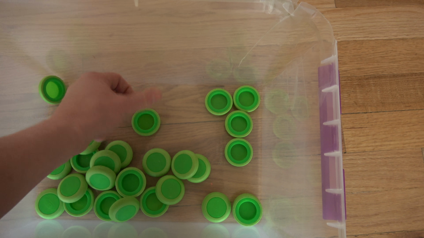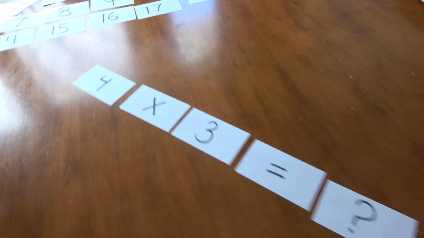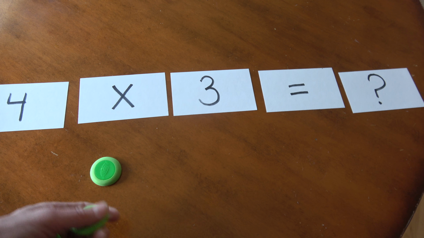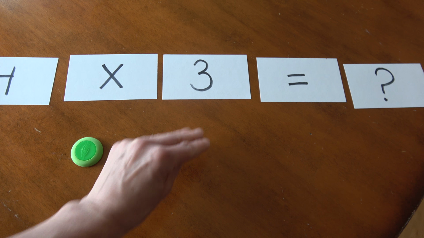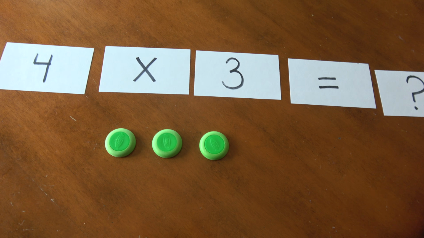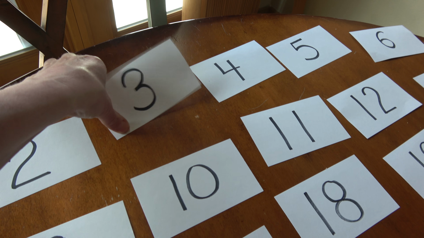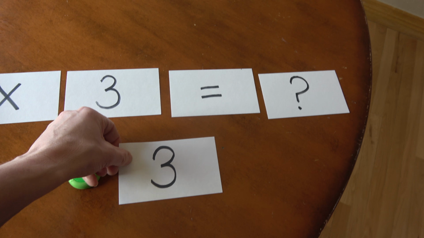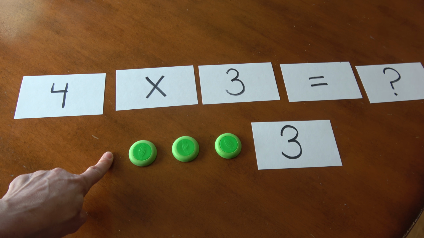I'm going to pick up 3 objects. 1, 2, 3. And I'm going to lay them down. 1, 2, 3. And I'm going to use this card to show that now I have 3. So I've made 1 trip.